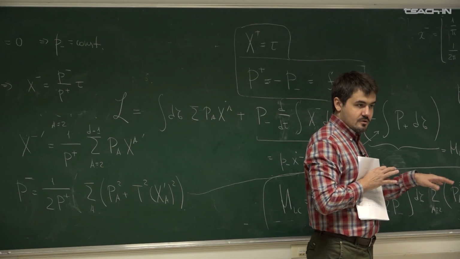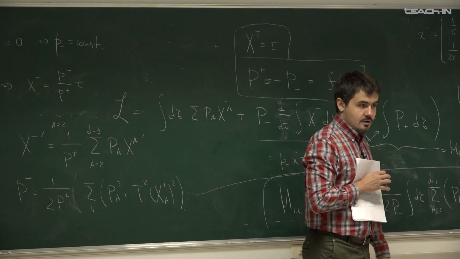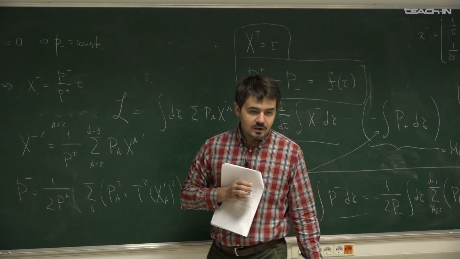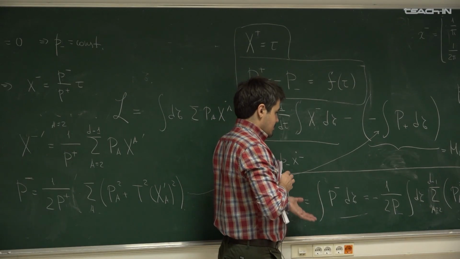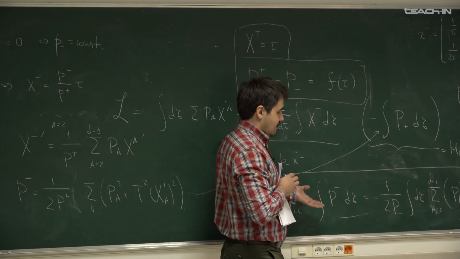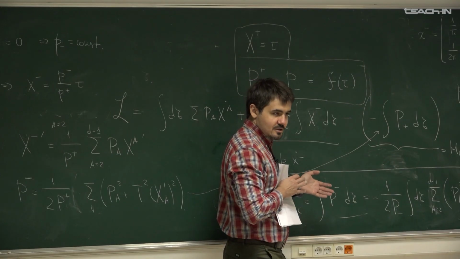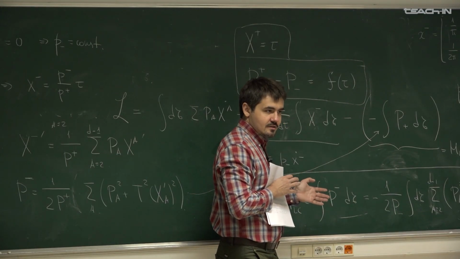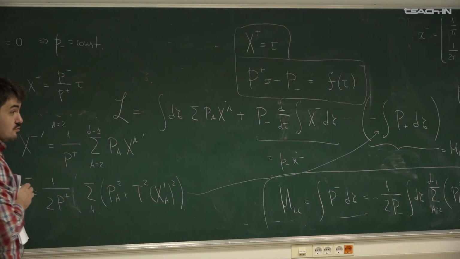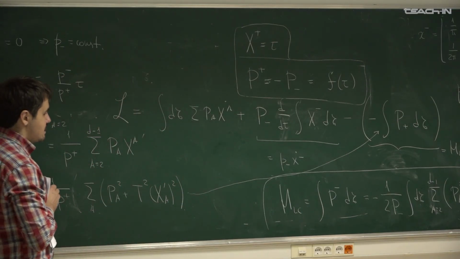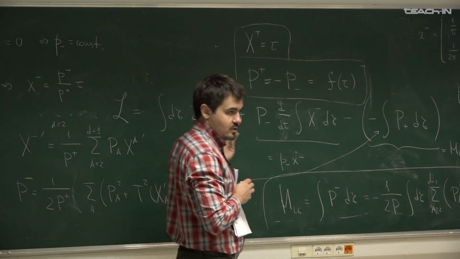But ultimately, it becomes a constant on the equations of motion. Okay. So that thing about p minus not being a constant is, strictly speaking, needed for the theory, but ultimately, for all practical applications, it is a constant. Yes, so everywhere else, p minus will be a constant because it's a constant on the equations of motion. Okay, but it's not because of choice of gauge, it's because of equations of motion.